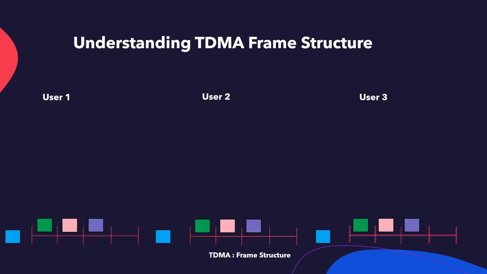Okay, now let us try to understand the TDMA frame structure. In this particular picture, we use three users, user 1, user 2, and user 3, and each user will generate a message. For example, green is for user 1, red for user 2, and purple for user 3.